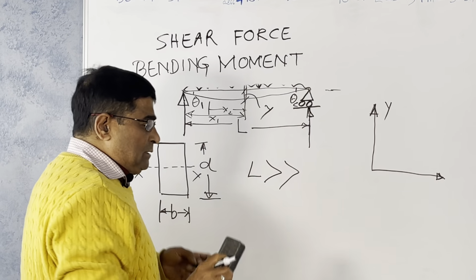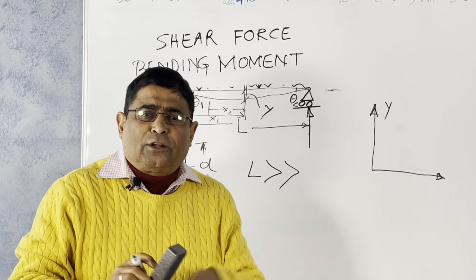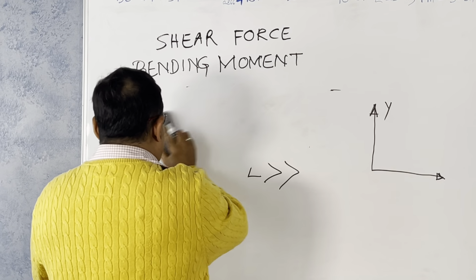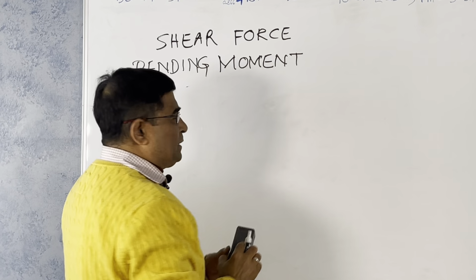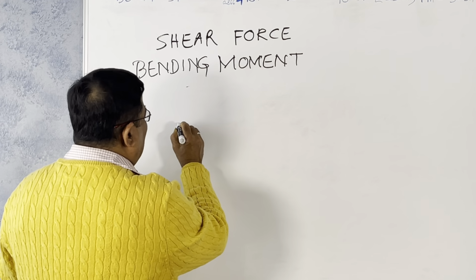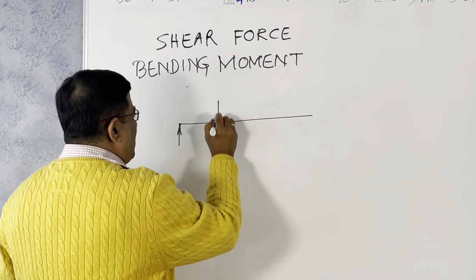Now we are going to do the diagram, how we have to draw the diagram. The diagram is a graphical representation of the shear force and bending moment in a beam. Suppose you have a beam and a load.